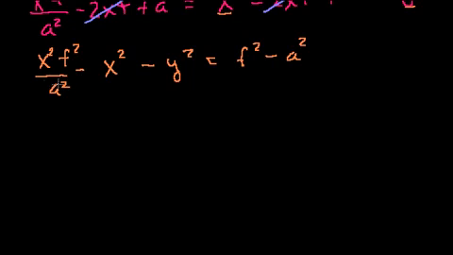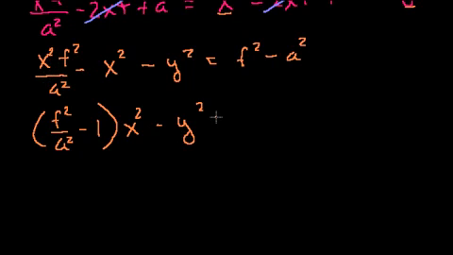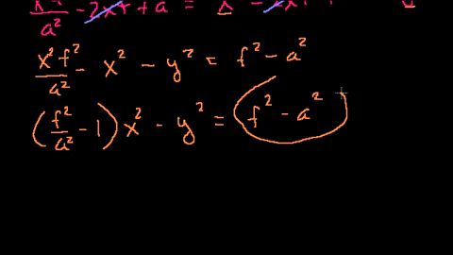This can simplify to, let's see, we can factor out the x squared. This becomes f squared over a squared minus 1 times x squared. I just factored out the x squared there. Minus y squared is equal to f squared, the focal length squared, minus a squared. And let's divide both sides of the equation by this expression right there.